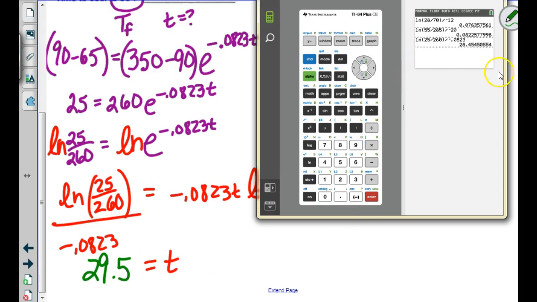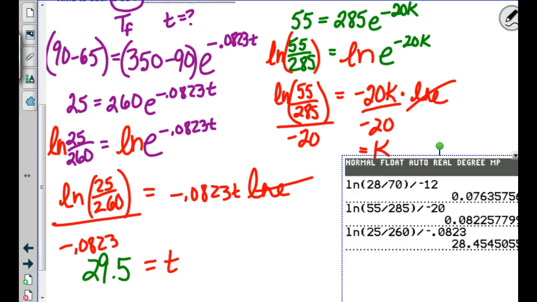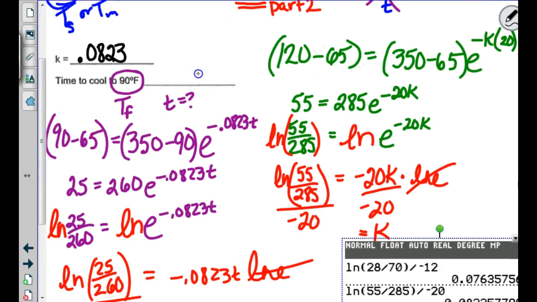Oh, it's 28.45. Oh, I can't read either. That's a serious problem. Okay. So T is 28.45, which would round up and make this 28.5, not 29.5. All right. 28.5 minutes. Now are we all agreeing? Yes.